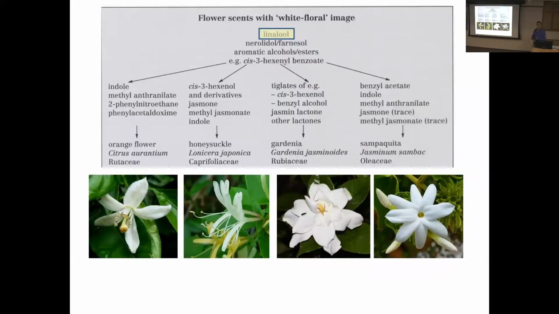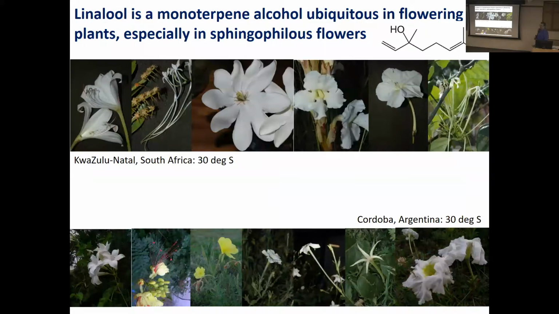And when I became a grad student, this is what I read. I did a study of my own with a National Geographic grant and a Fulbright. My first sabbatical was in South Africa about 12 years ago. And we were comparing guilds of night blooming hawkmoth pollinated plants at the same latitude on opposite sides of the planet in Argentina and South Africa.